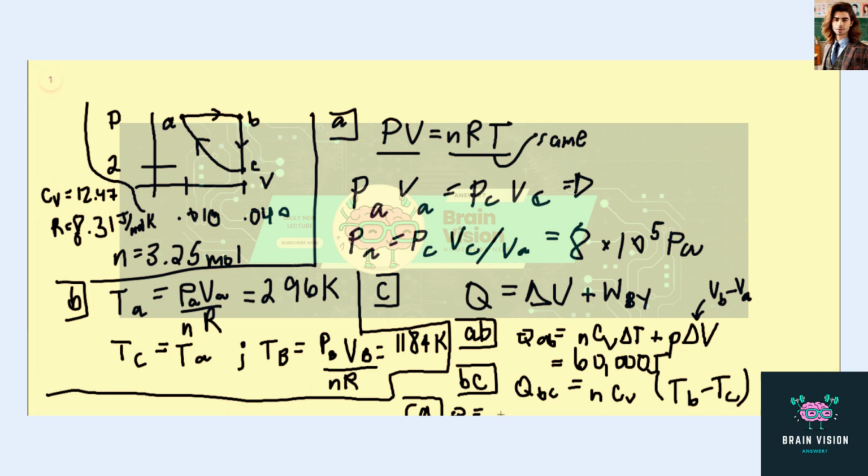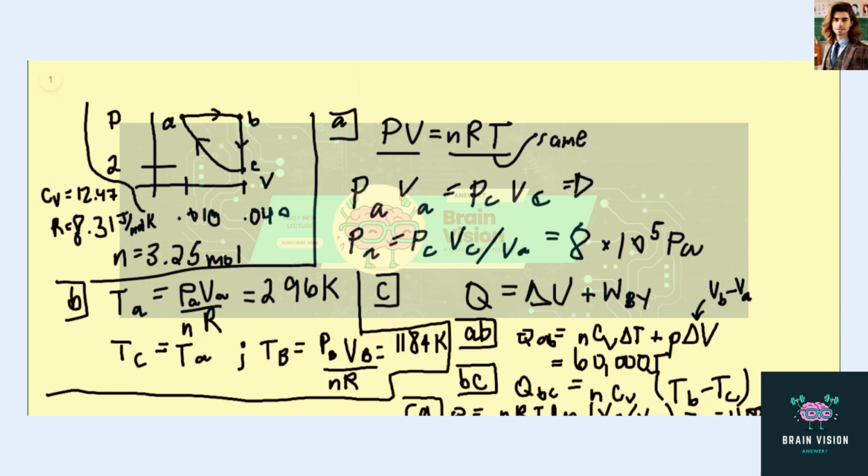So for an isothermal process, the work is nRT ln of V at C over V at A. If you plug in all of that, maybe you'll get what I got, which is minus 11,000 joules.